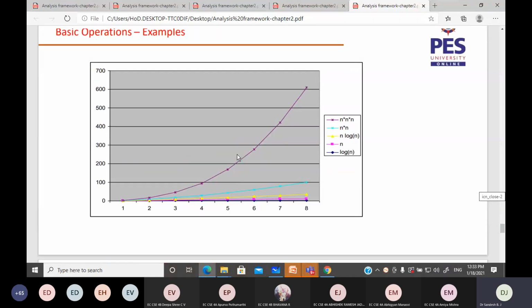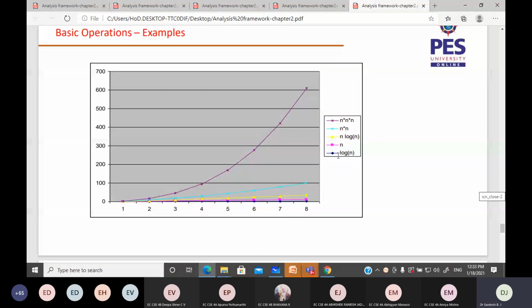If you plot the functions log n, n log n, n square, n cube, you can see that log n takes minimal time for inputs of larger sizes, whereas n cube takes longer time for larger inputs. That is evident from the graph shown here.